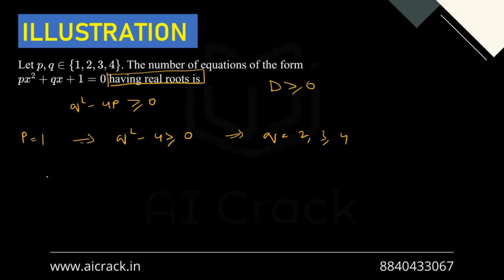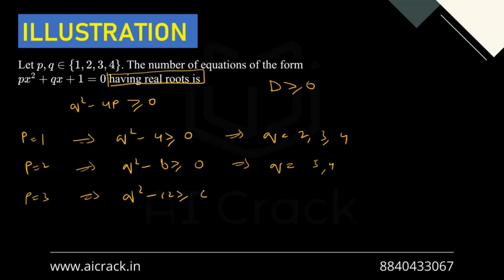Now let's take p = 2. In this case, q² − 8 should be greater than or equal to 0, right? That means q would take 3 and 4, these two values. In case p = 3, we have q² − 12 ≥ 0. That means q will take only one value, that is 4.